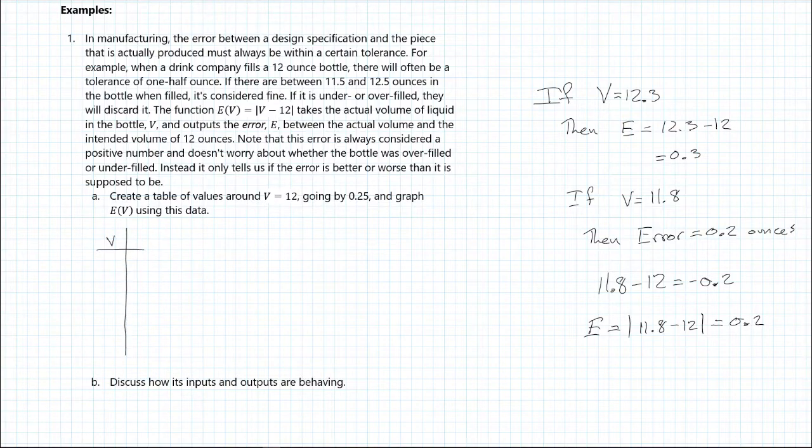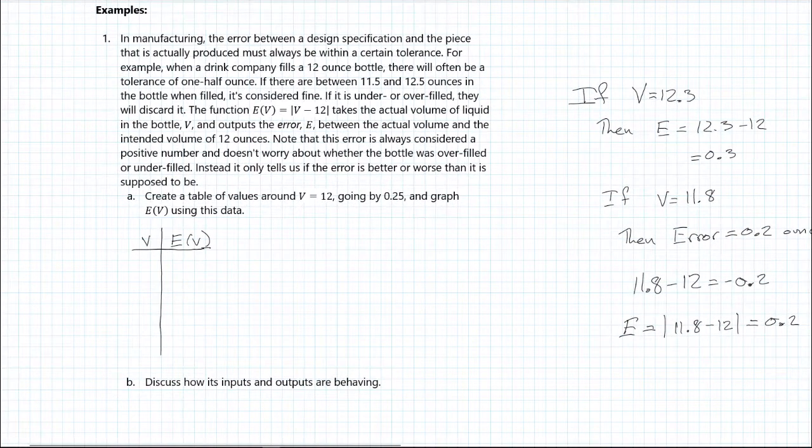We have V, we want E of V, and we'll do the graph in a second. So we'll go 11, 11.25, 11.5, 11.75, 12, 12.25, 12.5, 12.75, and all the way to 13.